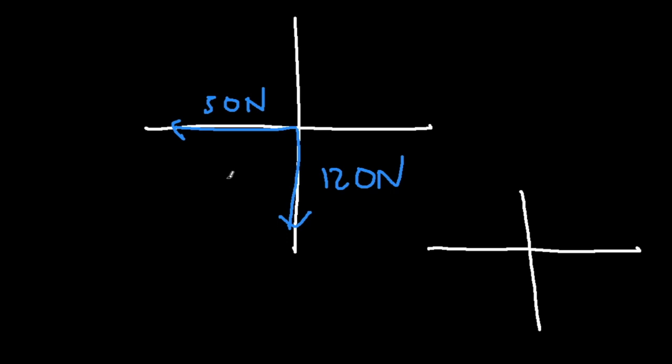If we try to rewrite that in a head-to-tail fashion, it should form a right triangle. 120 newtons. And our resultant should be this, the hypotenuse.